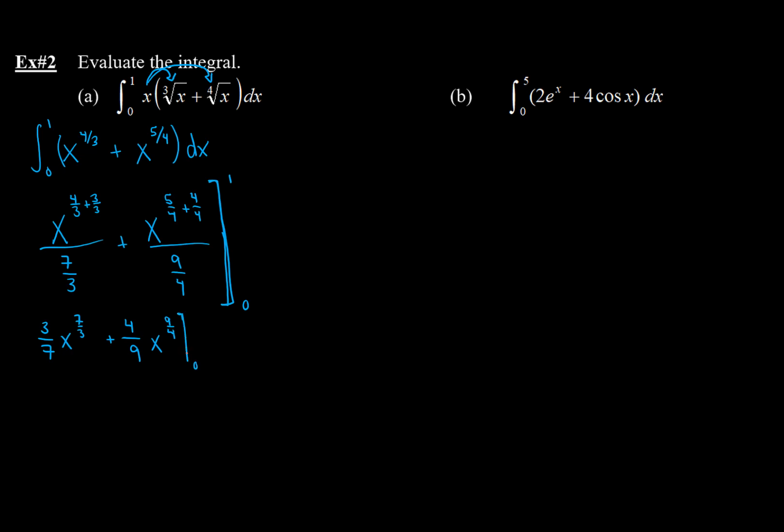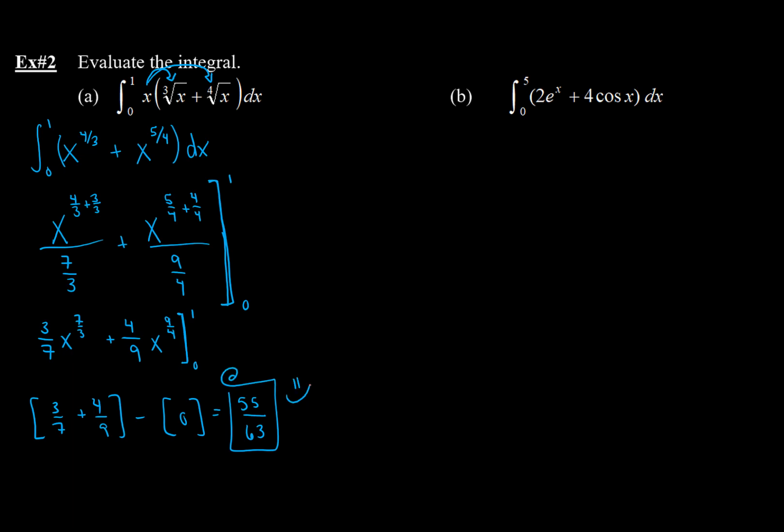And I'm going to evaluate this from 0 to 1. So evaluating this for 1 first, I'm going to have 3/7 plus 4/9 minus 0, and that's going to give me 55/63.